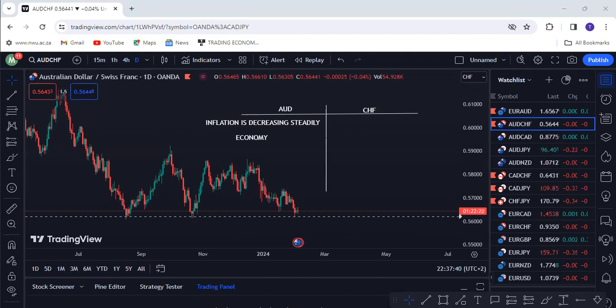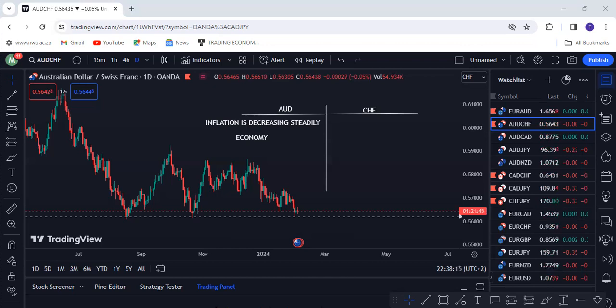So the economy is steady, but it's not growing to a level where we can say that the economy is in a boom phase. And then with Switzerland, we have the GDP staying steady at 0.3 from last year, which is year on year. And then quarter on quarter we've got 0.3 from minus 0.1, a contraction.